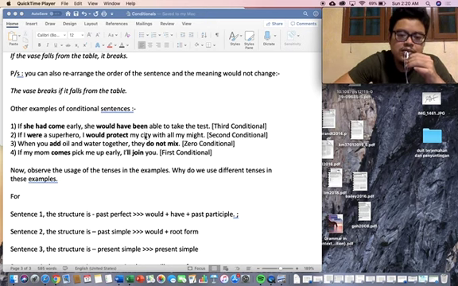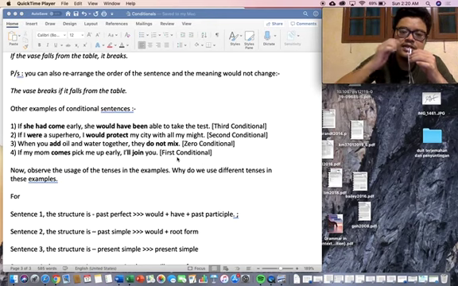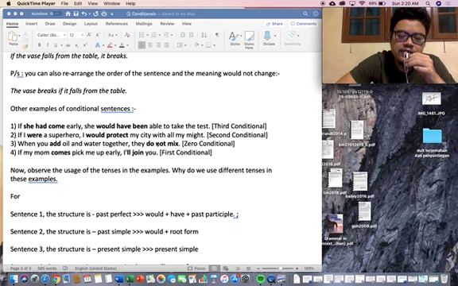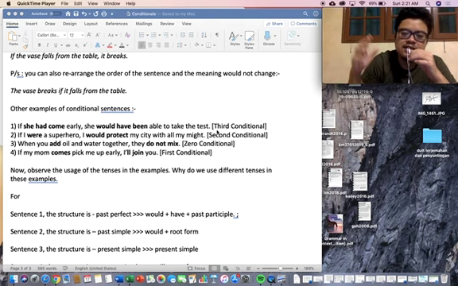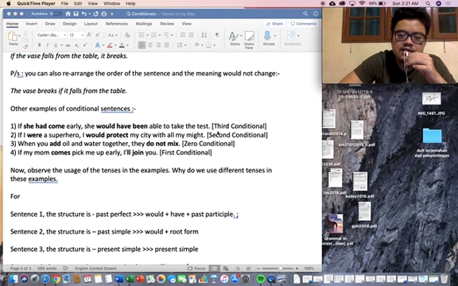Why do you have to use different tenses here? It is because they are of different conditions. They are each in their own category. The first sentence is actually in the third conditional category, and so on.